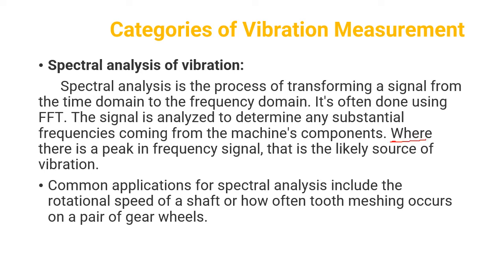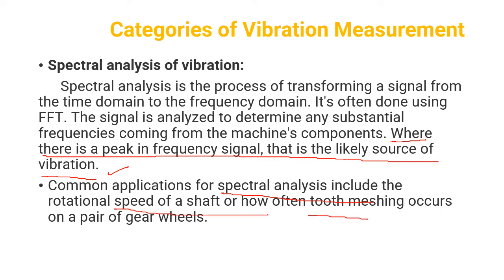We have already discussed it. Where there is a peak in the frequency signal, that is more likely the source of vibration. Spectral analysis is used for the rotational speed of a shaft and how often tooth meshing occurs on a pair of gear wheels. Okay, so we have already discussed it, no need to discuss it again.